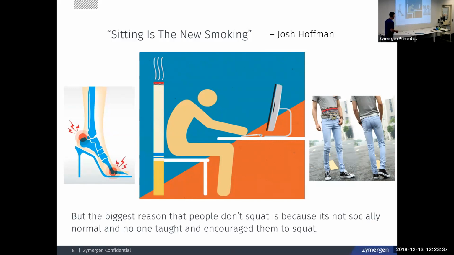But the number one reason I find that people don't squat around here is because we don't encourage that. It's not socially normal. You don't tend to see people squatting around here. No one encourages that. No one taught me to do this until I figured it out for myself in like 2009 or 10. So I think that we should change that.